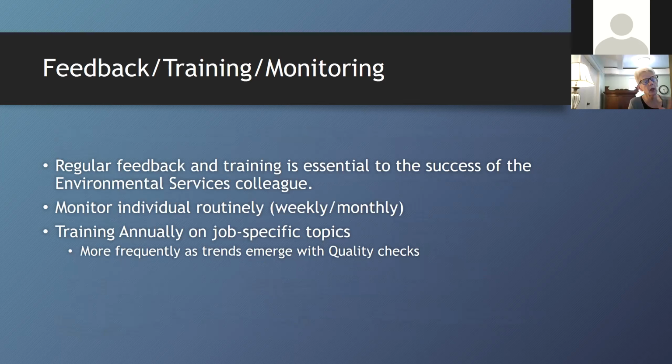It gives them a lot of information in a very consolidated way. And then it looks like UNC monitors individuals routinely, either weekly or monthly based on their schedule. And then they use that to target what kind of education they need to provide for their staff.